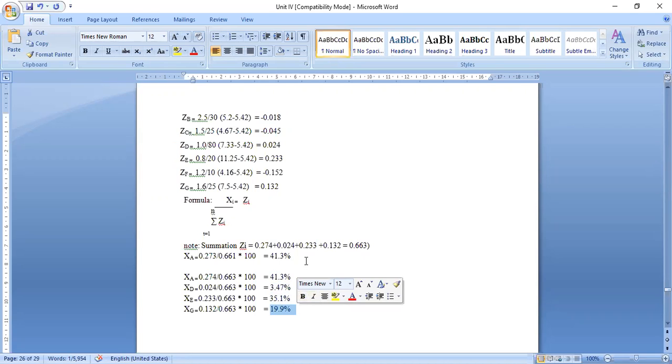Okay. Now, out of this, we are going to see which is an optimal portfolio. Here, we are going to see which is going to be the largest investment towards which security. Now, out of these values, the largest investment is going to be towards security A, which is 41.3%. So this is giving us the proportion of investment to form an optimal portfolio. 41.3 is going to be largest investment, and the lowest in comparison with 41 would be 35.